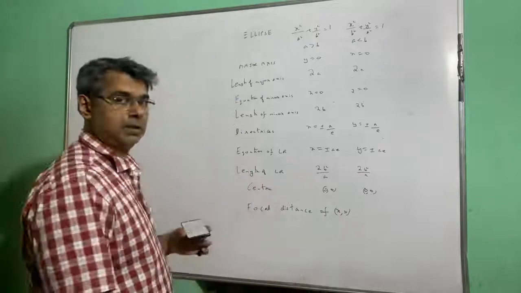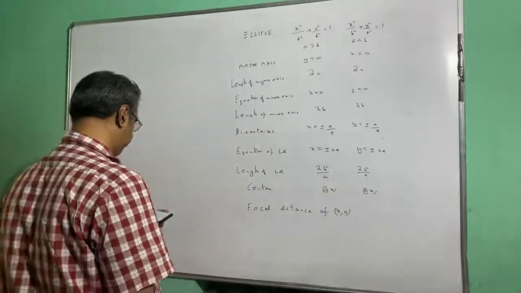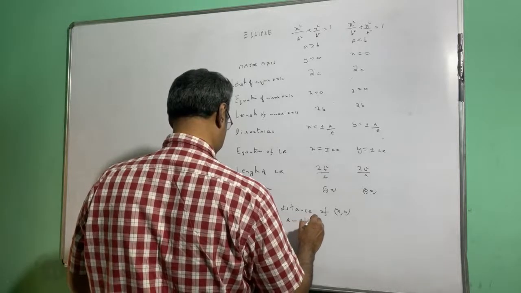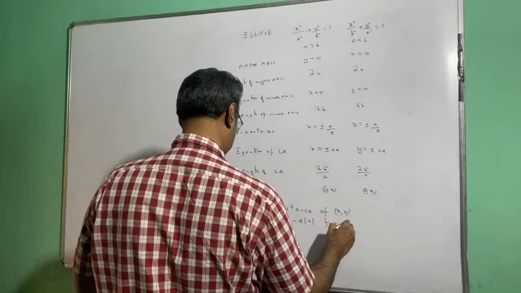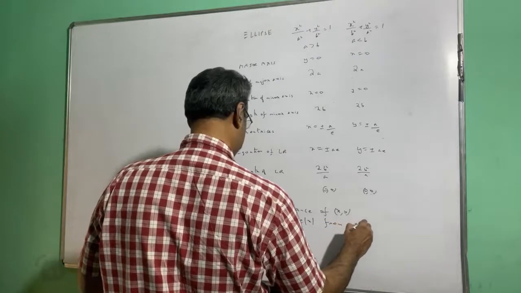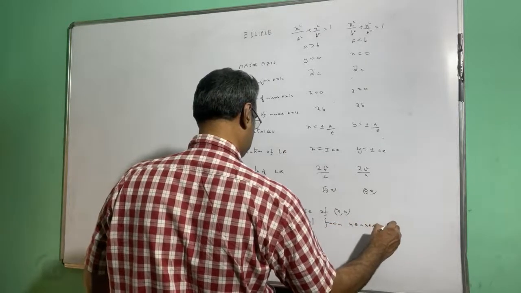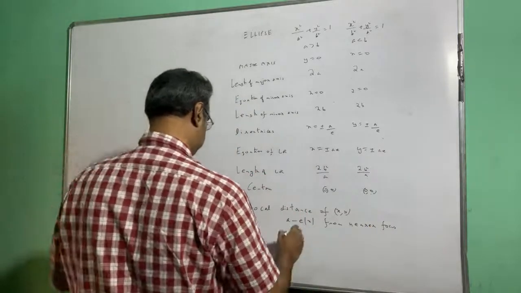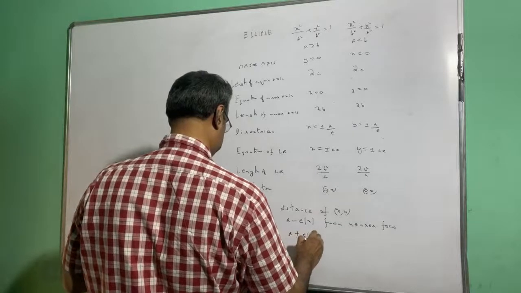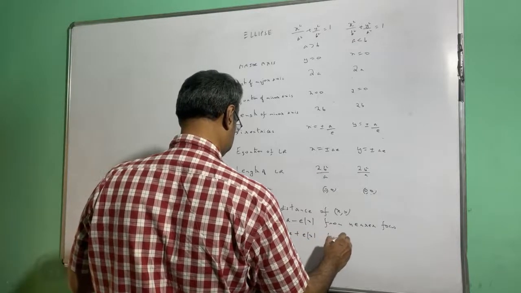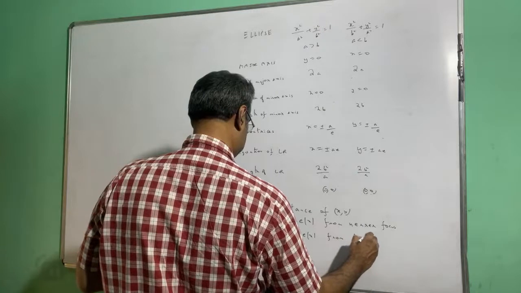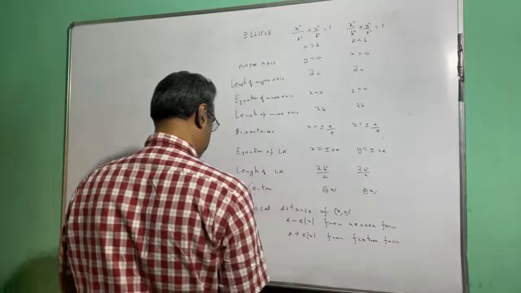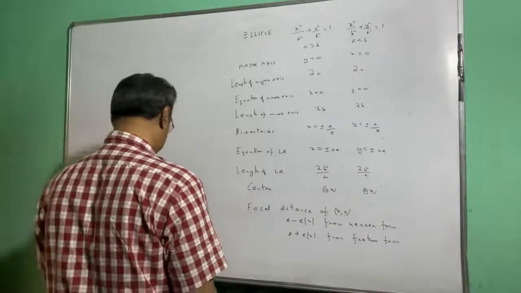So focal distance of any point x comma y is a minus e mod x from nearer focus and a plus e mod x from farther focus.